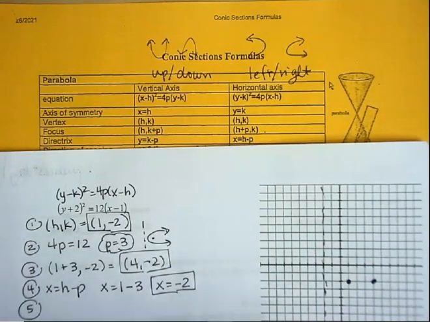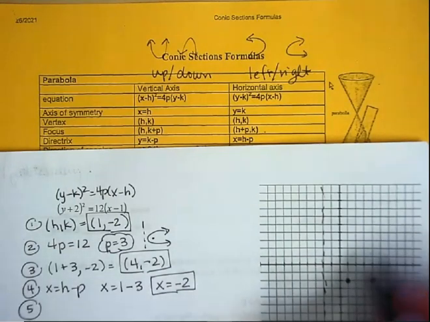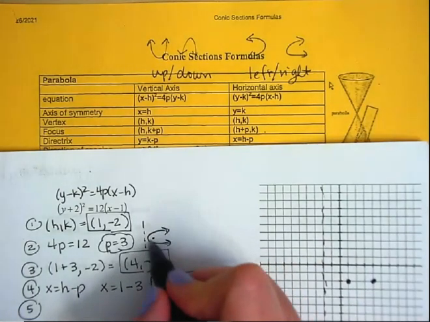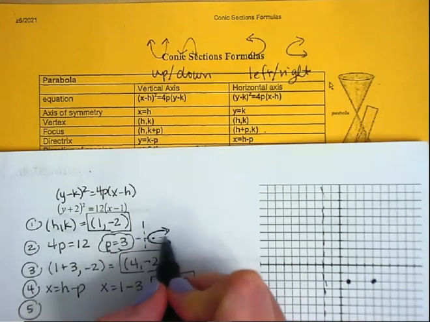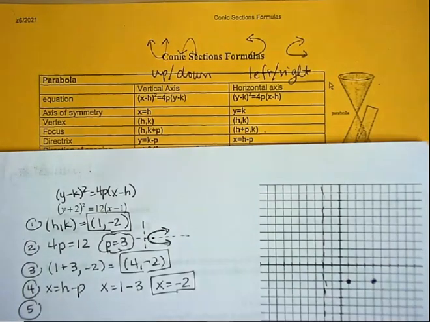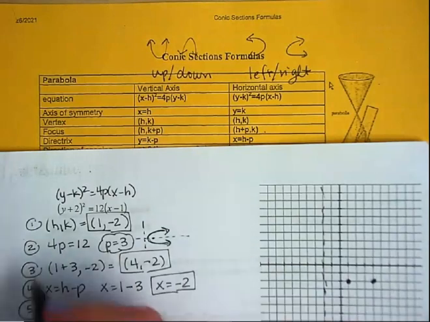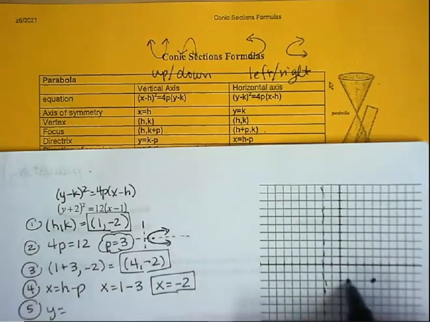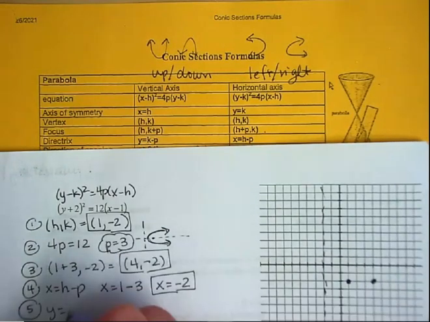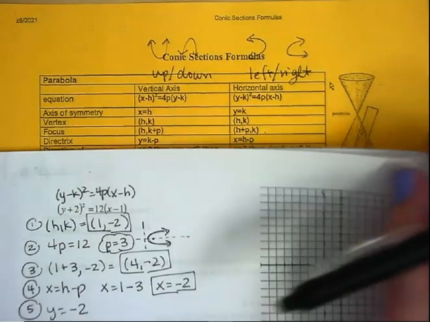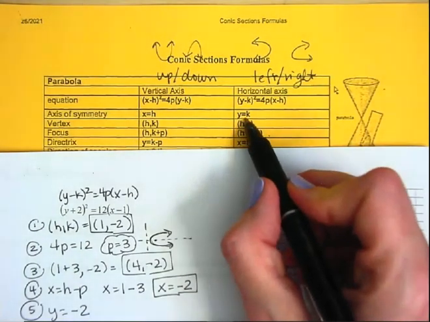Then our axis of symmetry. Remember, this is my focus and vertex. My parabola is facing this way, so my axis of symmetry goes through the middle there. So that's a horizontal line. That's going to be y equals whatever the y value here is, which is -2. So y equals k. K was -2.